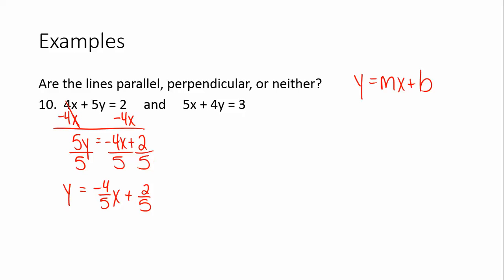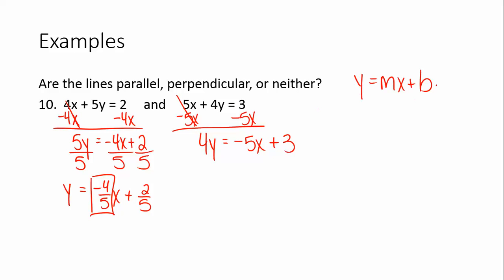And we aren't really concerned with the y-intercept. What we're really focusing on is the slope. We need to do the same thing with the second equation. So we subtract 5x to the other side. And remember, when you're doing this, always write the x term before the number so that it's in true y equals mx plus b form. Now we divide both sides by 4, and that's everything on the left needs to be divided by 4.